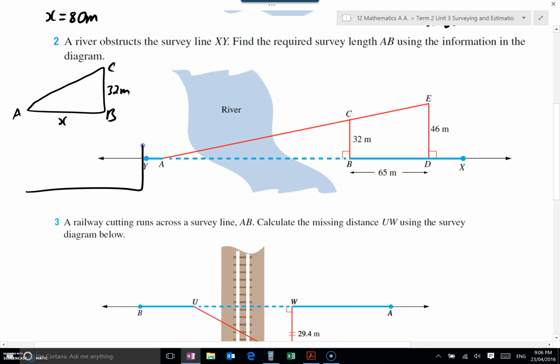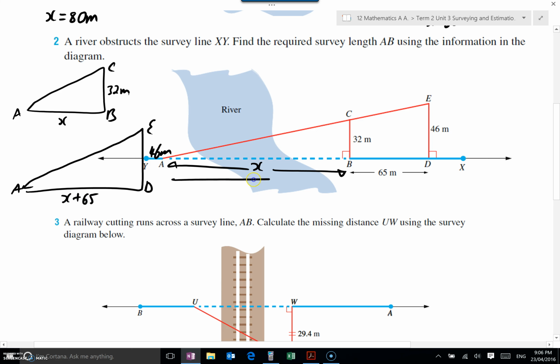I've got a bigger triangle AED, 46, and this whole distance here, all the way across, will be x plus 65. Going x and then another 65.